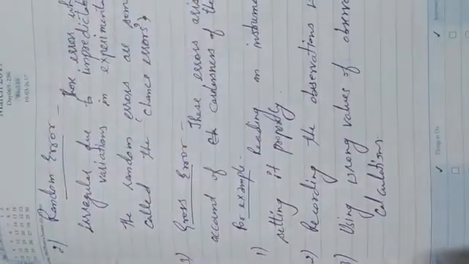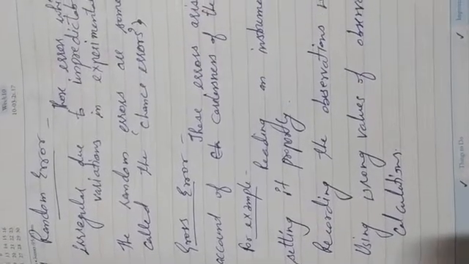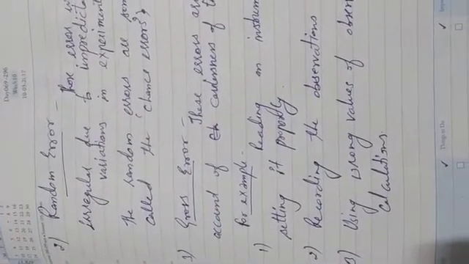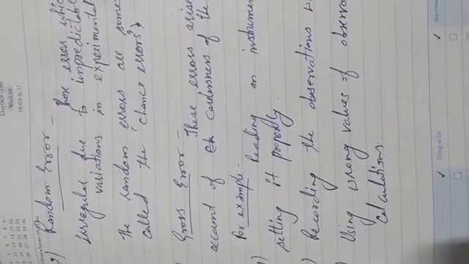Next, random error. Random means it can occur at any time while we are doing the experiment, even if the experiment is correct. This is an unpredictable error. While doing the practical, the observer may be working properly, but we cannot predict whether an error will occur.